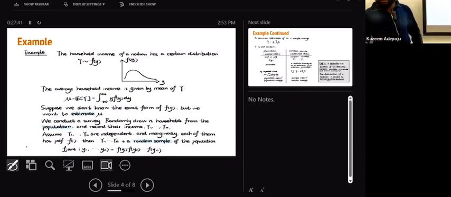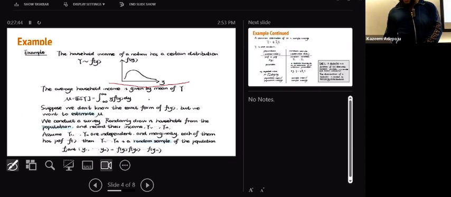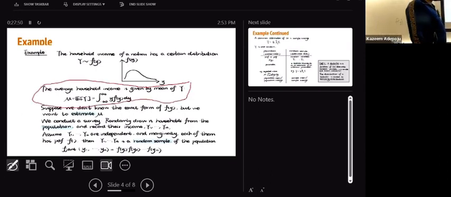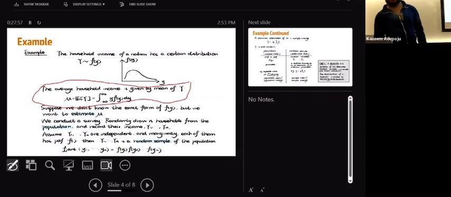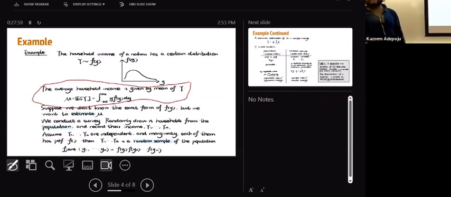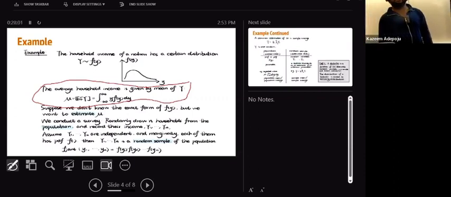Now, let me tell you this. We want to know the average household income. The true value of the average household income is the expected value of y. That is the true value, the population mean. Population mean is different from sample mean.